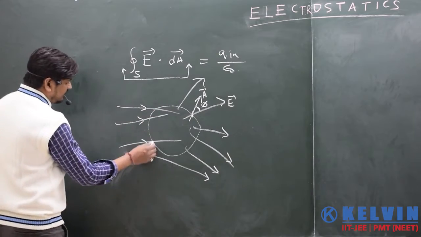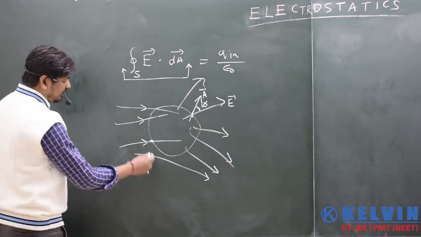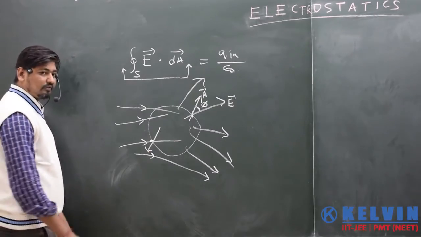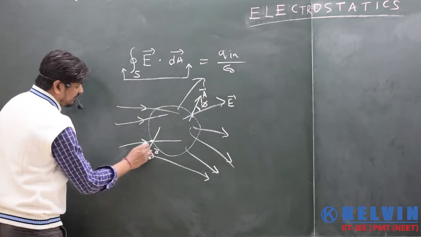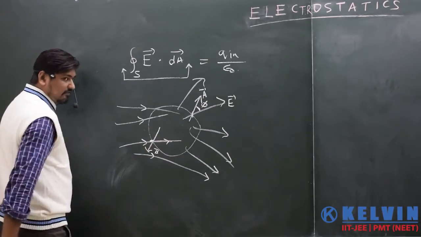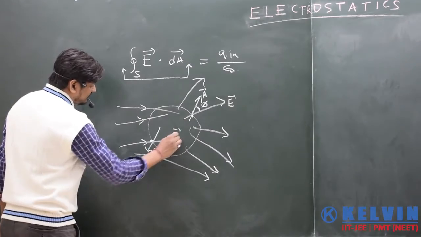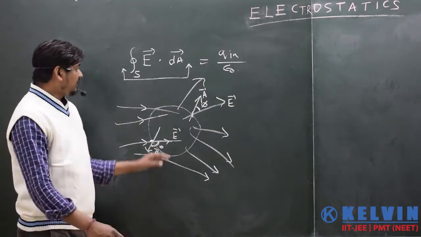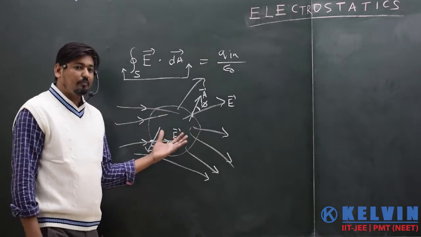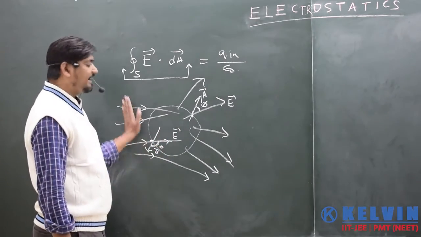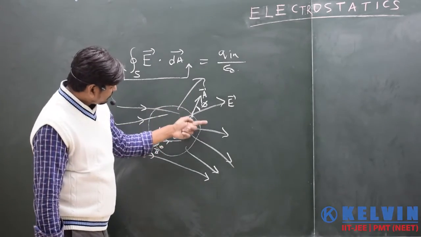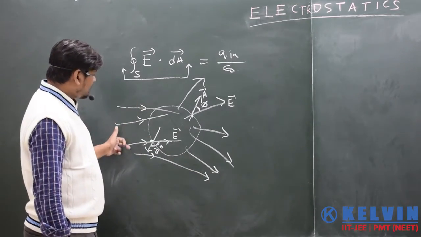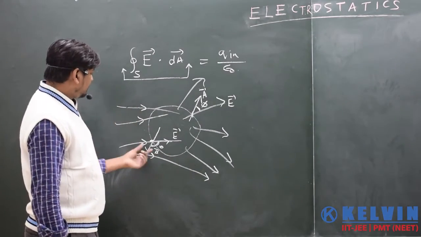And if I write at some particular point here, the area vector will be the outward normal, and this is the electric field vector, and you can clearly see this angle is greater than 90 degrees, an obtuse angle, which will give you the negative flux. So flux associated with these lines will be positive flux. Flux associated with those going inside is negative flux.